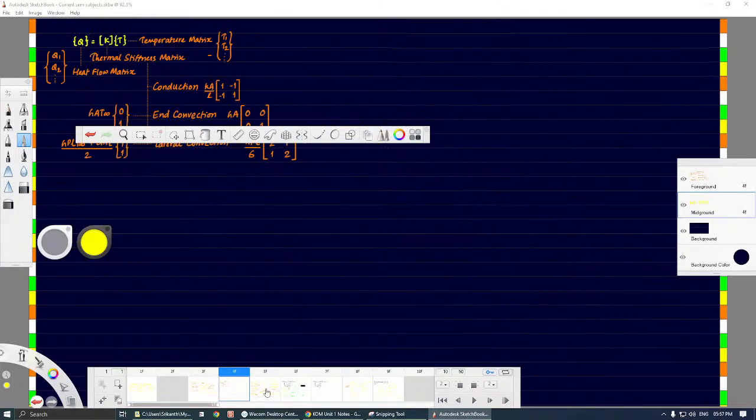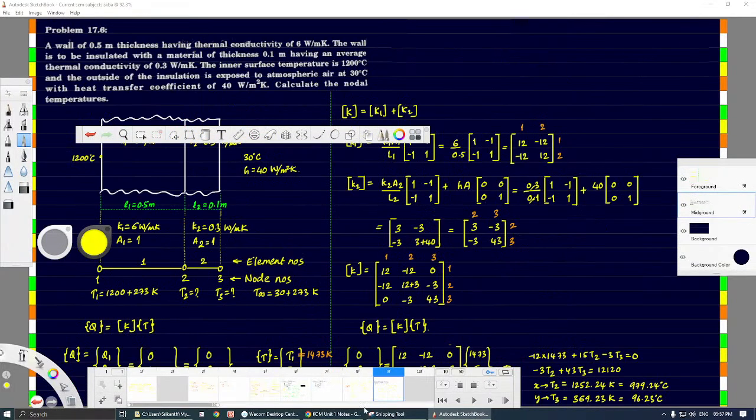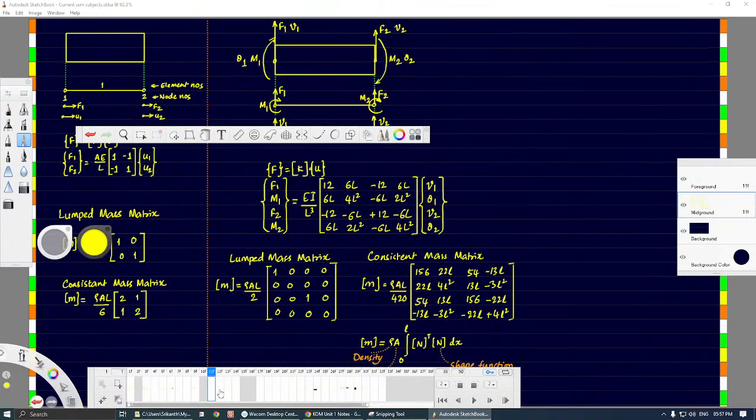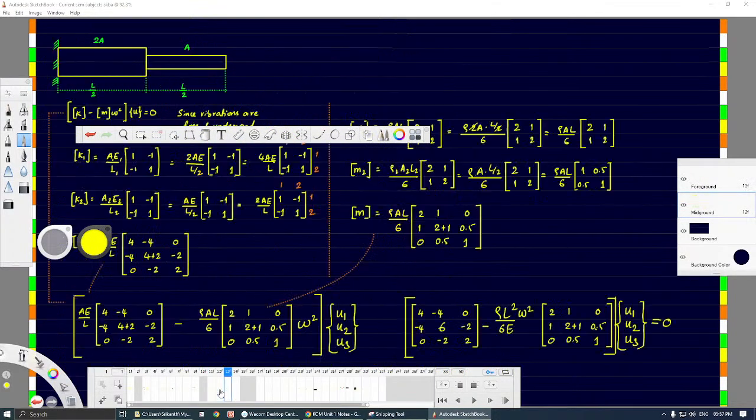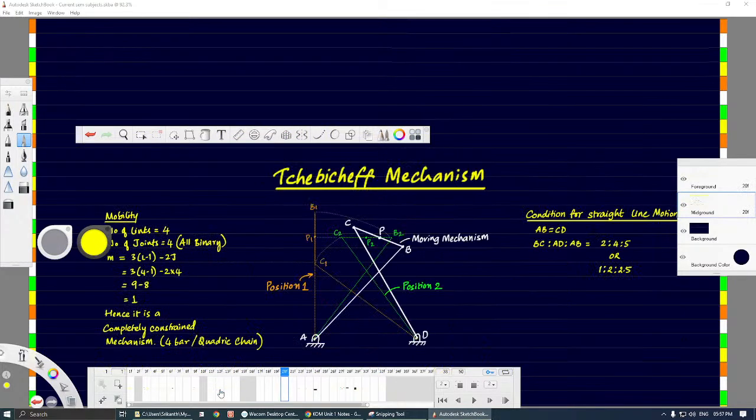But heat transfer is always coming in here. And this is where the kinematic analysis actually starts.